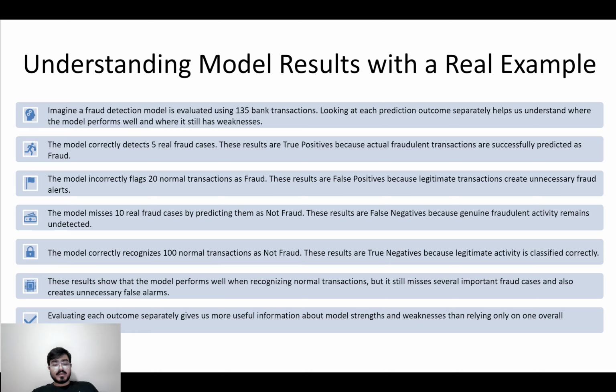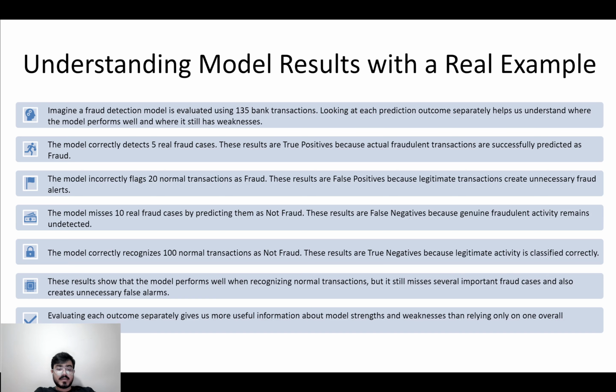Next, the model incorrectly labeled 20 normal transactions as fraud. These are false positives because the model created fraud alerts for transactions that are actually legitimate. The model also missed 10 fraudulent transactions by predicting them as not fraud. These are false negatives because real fraud was not detected.